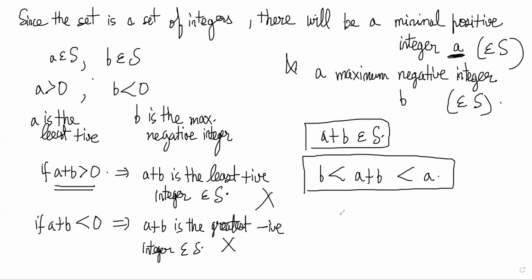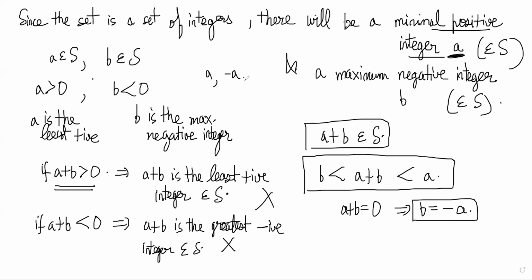So the only possibility is A plus B is 0, which implies B is equal to minus A. So whatever is the minimum positive integer, the maximum negative integer is negative of A. So we know that A belongs to the set and minus A belongs to the set. And obviously then 0 will also belong to the set. And from the previous induction, we know that all the multiples of A will belong to the set. So we know A, 2A, 3A, 0, minus A, minus 2A, all of these are elements of the set, right?